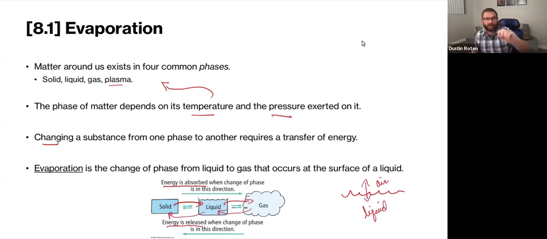And this is just the change of phase from liquid to a gas. So we're going to go this way. We're going liquid to gas in this first instance. For the second half of this particular lecture, we'll talk about going the other way, vapor to a liquid.